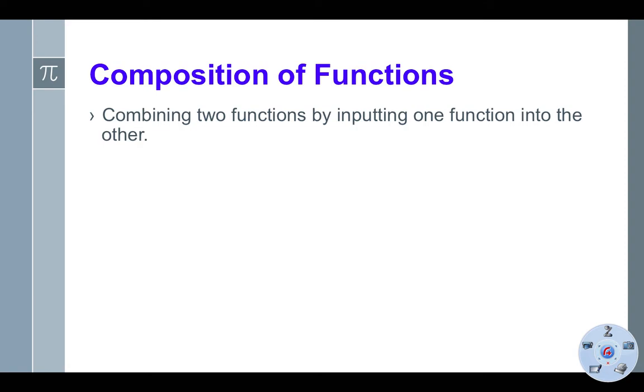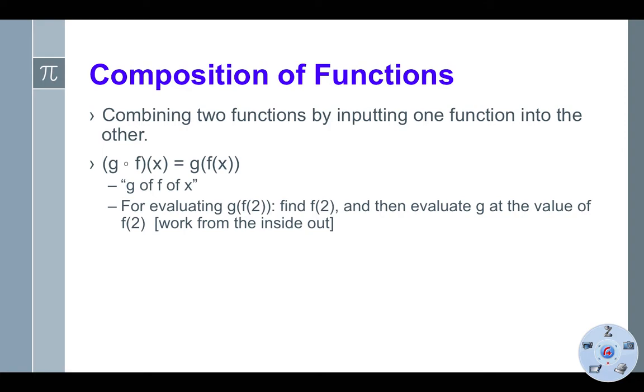Just like we did when we evaluated the function at a certain number, like f of 3, we can put a different function. We can say f of g of x. Or in this particular case, I wrote it the other way, we could say g of f of x, which means we're going to be plugging in f of x into the g of x function. We get an all new function through what's called composition.